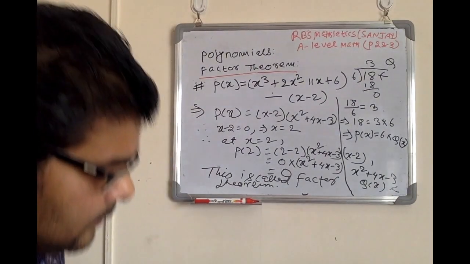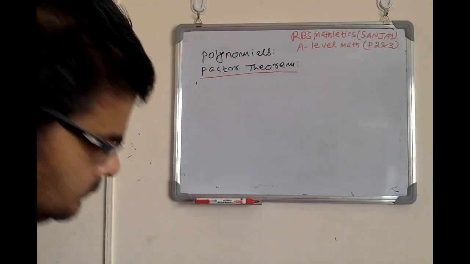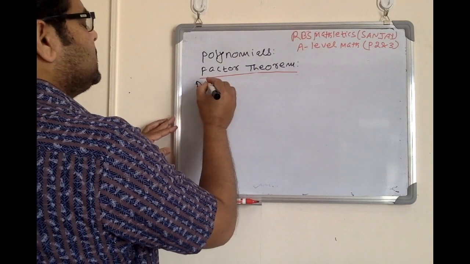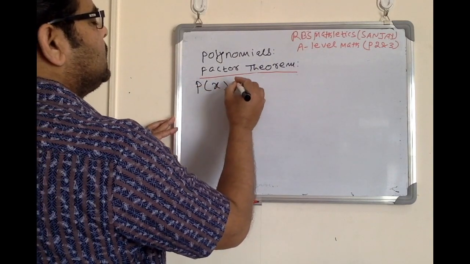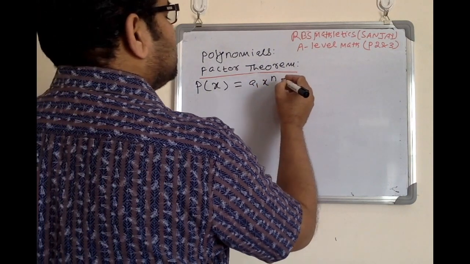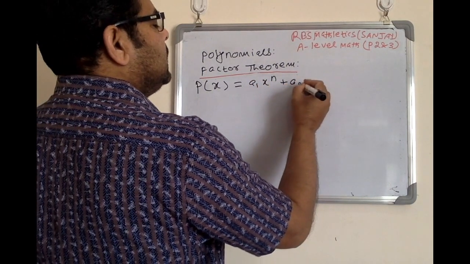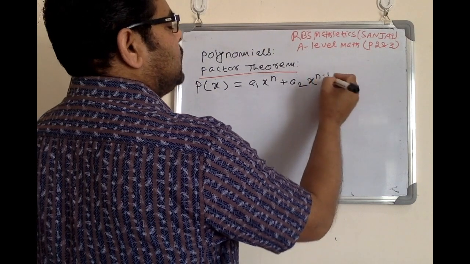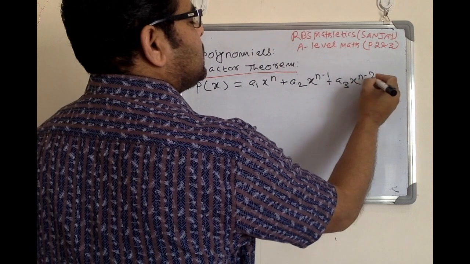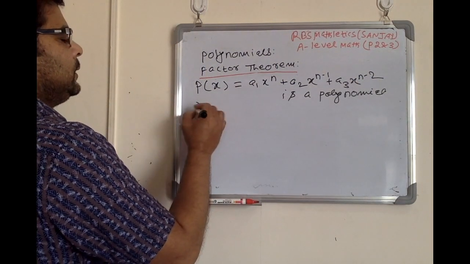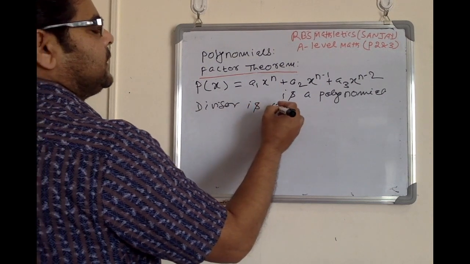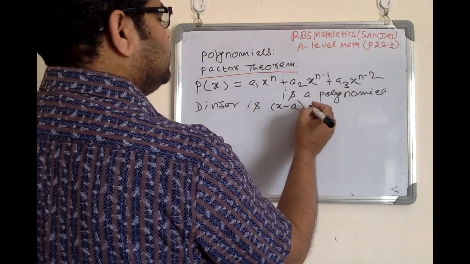And let's generalize it again. So if you generalize that, for example, say P(x) equals, just like before, a1 x^n plus a2 x^(n-1) plus a3 x^(n-2), and suppose that your divisor is x minus a.